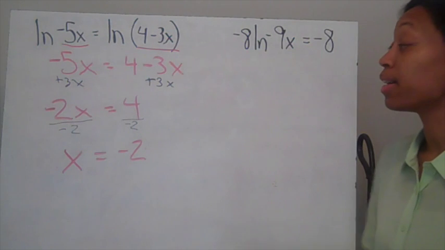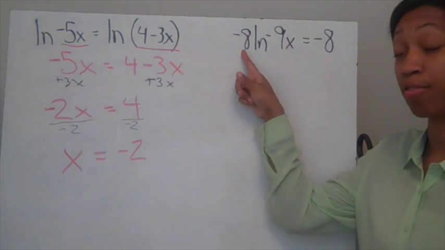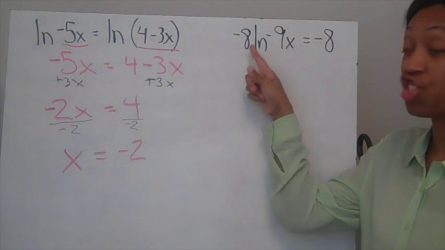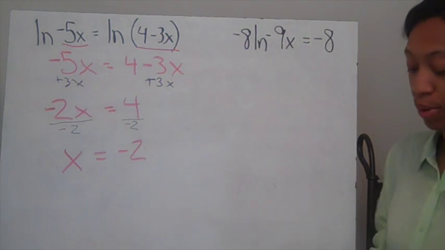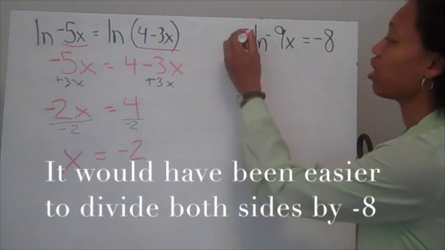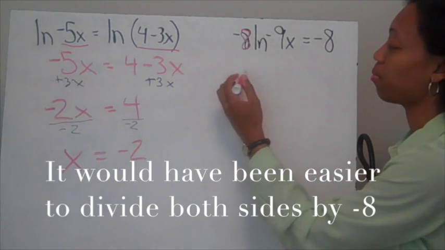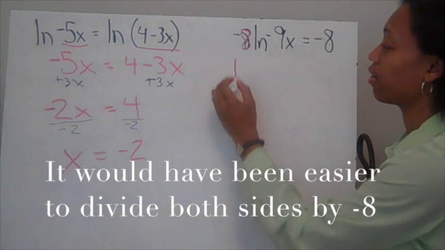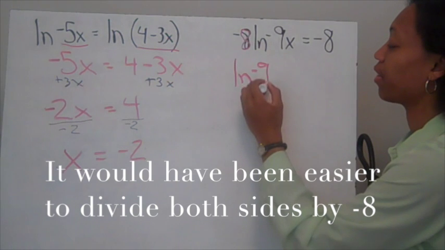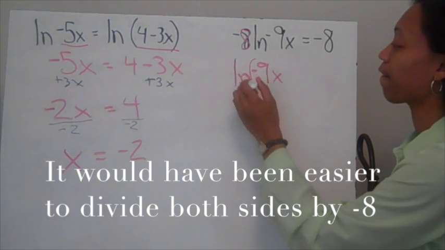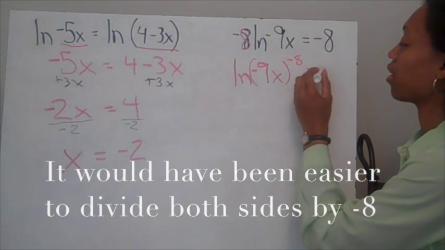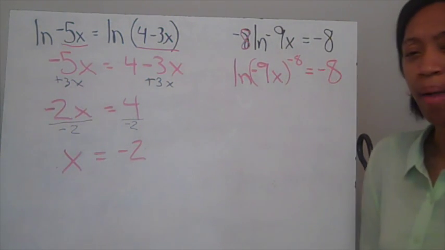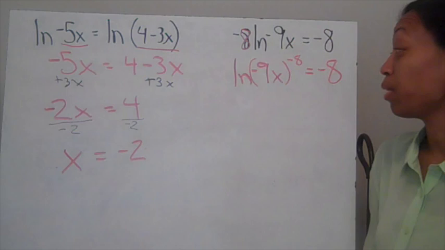On this one, I've got this negative 8 in front. Let's change that coefficient to be an exponent. I'm going to take this coefficient and move it up. Now I've got ln of negative 9x to the power of negative 8 equals negative 8. I'm thinking of two different ways I could do this from here.